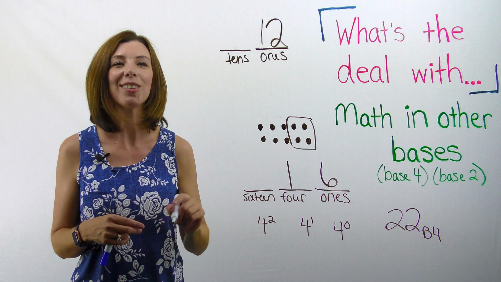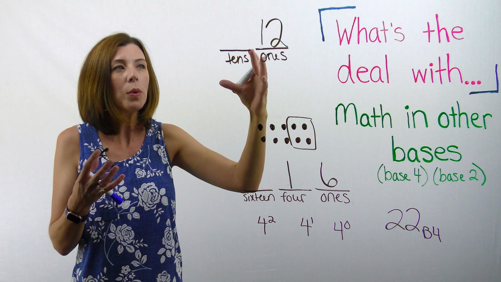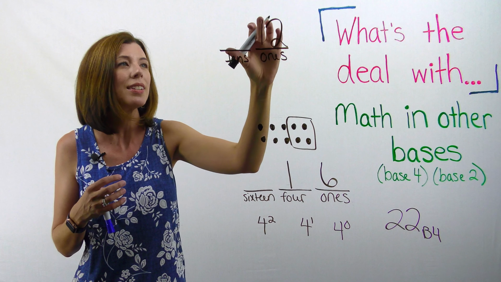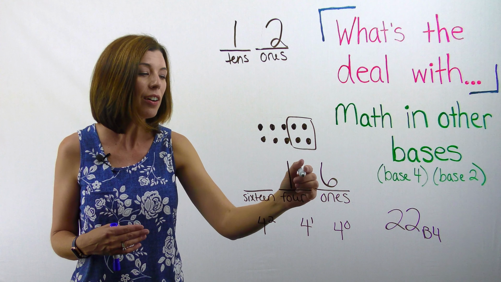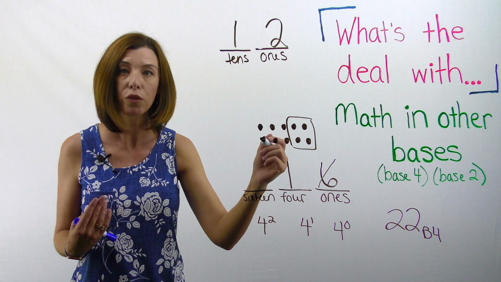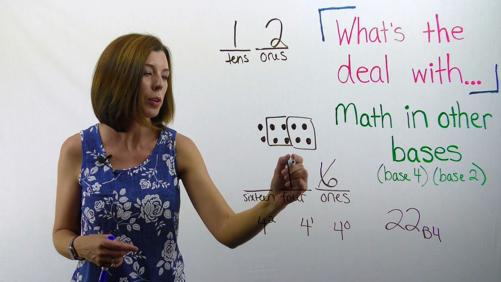That kindergartner is forgetting or not understanding that we can bundle 10 of those ones and have a group of 10. Likewise, in base 4, I can bundle some of these ones and have a group of 4. So I can make another group of 4, which is why I get 2, and I have 2 ones left over. It's where I get that 2, 2 base 4.